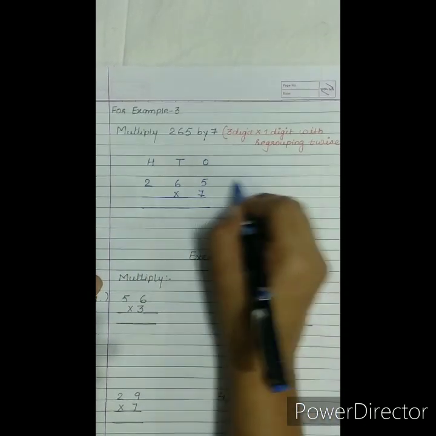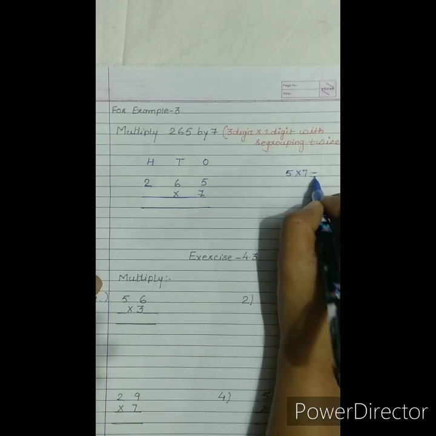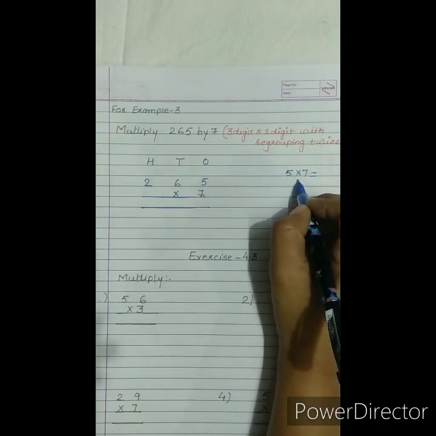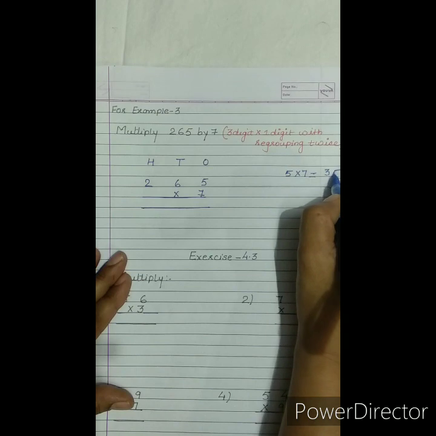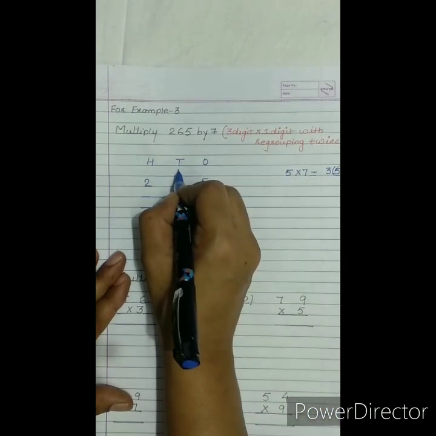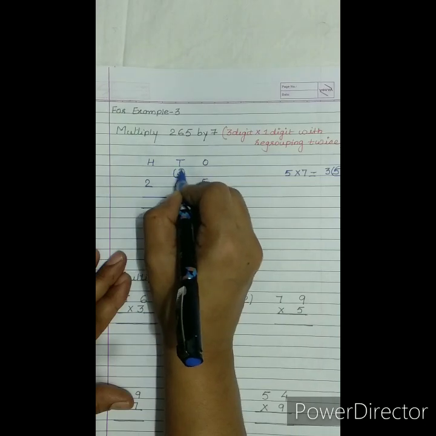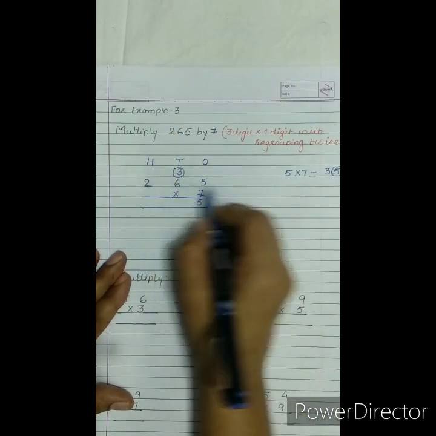So the ones place is 5. 5 multiplied by 7. So we will read table of 7 how many times? 5 times. 7 1 ja 7, 7 2 ja 14, 7 3 ja 21, 7 4 ja 28, 7 5 ja 35. So 5 comes below the ones place, 3 goes up as a carry. Now again we will multiply 7 with the tens place.